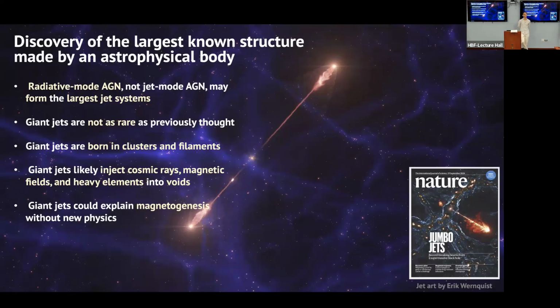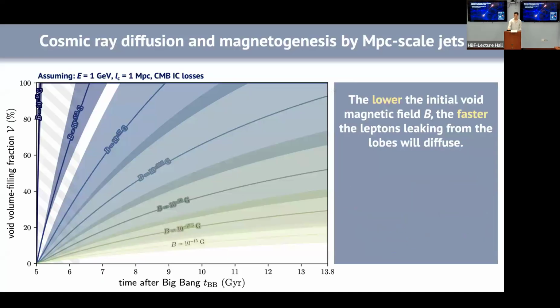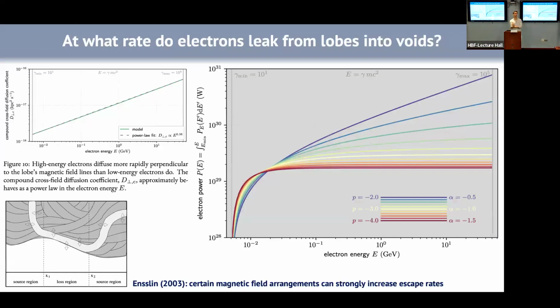Yeah, go for it. Sorry, this might be kind of a silly question, but could you just explain what the difference is between radiative mode AGN and jet mode AGN? Yeah, totally. That's a very good question.